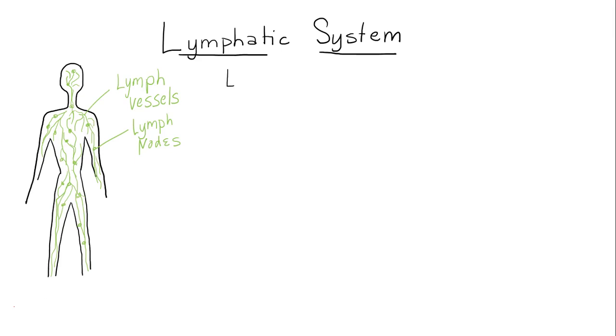The lymph vessels are going to carry lymph. Lymph is a fluid, as we talked about. That fluid is coming from the tissue space, fluid that has been forced out of the blood vessels through pores in the endothelial lining.